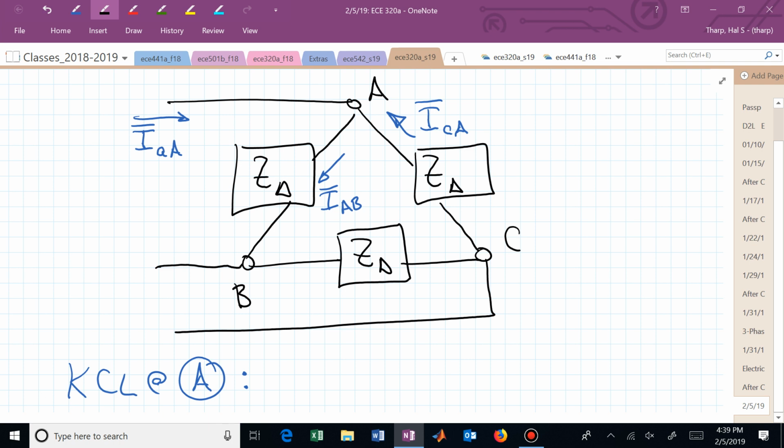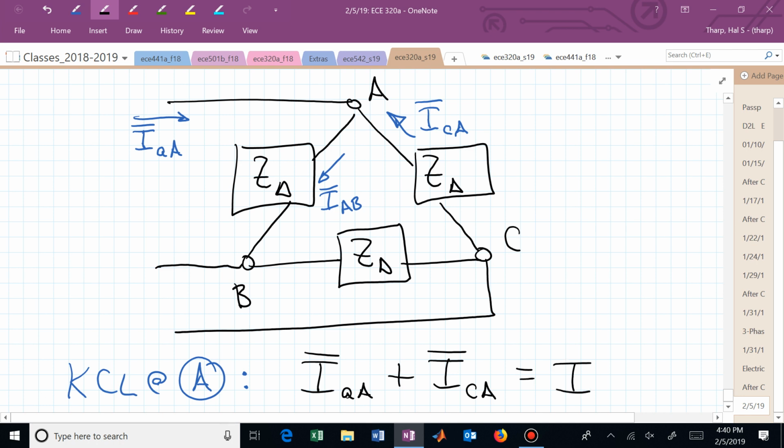Sum of the currents in equal to sum of the currents out is one way of thinking. Just the algebraic sum of those currents has to equal 0. Or you could say that I sub AA is going in to terminal A, as is I sub CA. Those two are going in to terminal A, and going out is I sub AB.